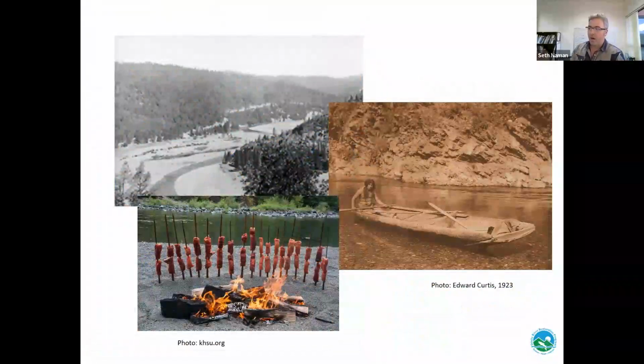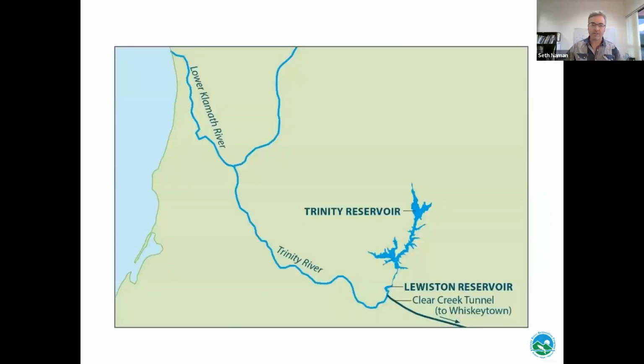I'd like to start off this talk by mentioning that the Trinity River has been used since time immemorial to support Native American tribes in both the Klamath and the Trinity Rivers. This is a map of the Trinity, pretty basic.